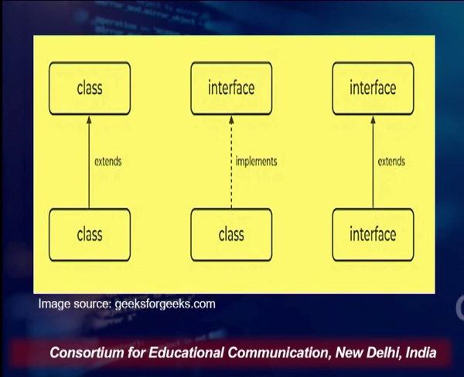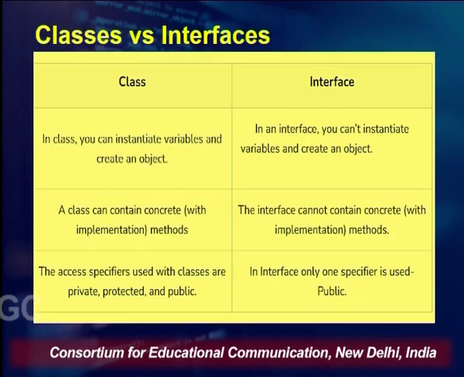So, classes can have hierarchy between them, interfaces can have hierarchy between them. Also a class can implement an interface, but we cannot say that an interface will extend or implement a class. That is not possible. So here we have the figure showing these different scenarios, which depicts the relationship between the class and the interfaces.